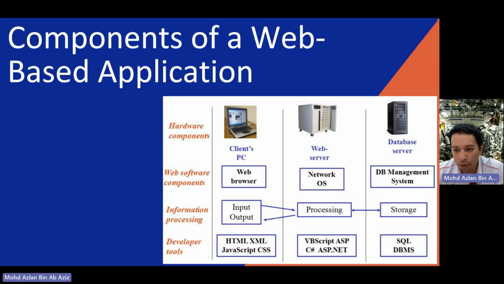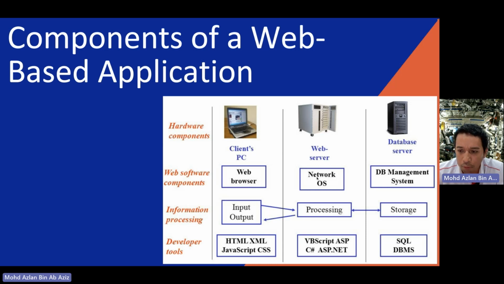Okay, this simulates what happens when you request an application from the web server. So from the client PC, we request the application from the web browser, and then the web server will respond accordingly.